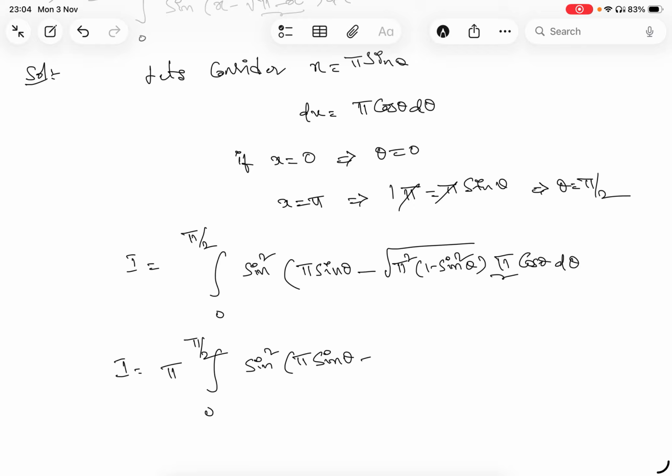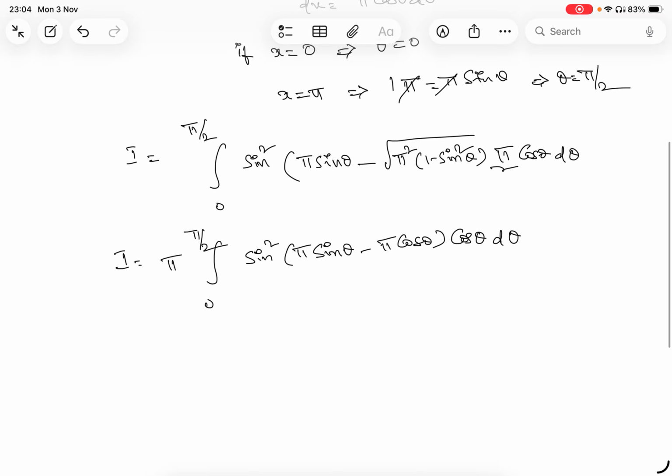As you can see, root pi square is pi, and root of 1 minus sin square theta is root cos square theta, which is cos theta, into cos theta d theta. Right. Now let's consider this as equation 1. Now let's apply King's rule.